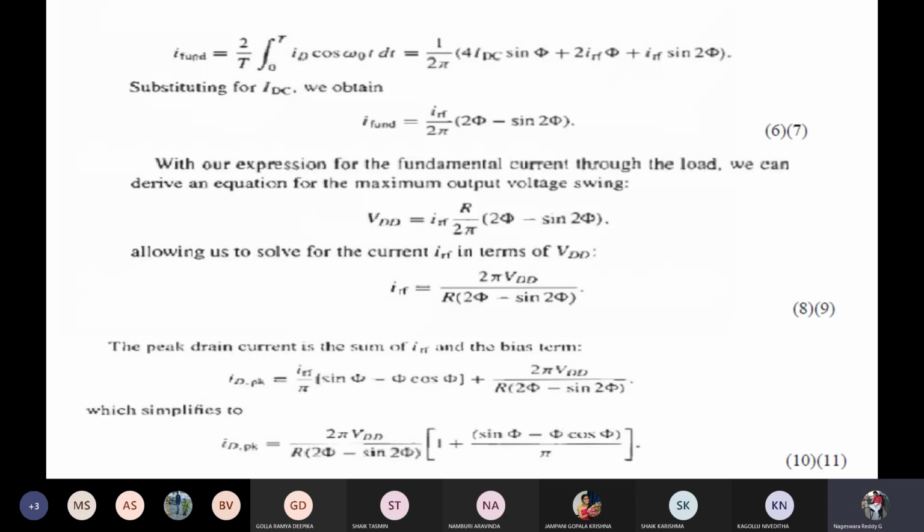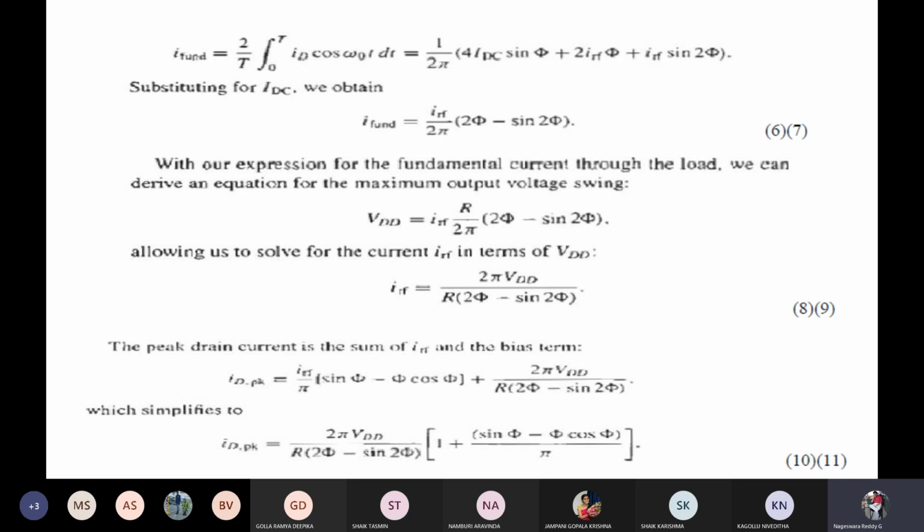So the fundamental current I fundamental is equal to IRF by 2 pi times 2 phi minus sin 2 phi, equations 6 and 7. So VDD is equal to IRF into R by 2 pi times 2 phi minus sin 2 phi.